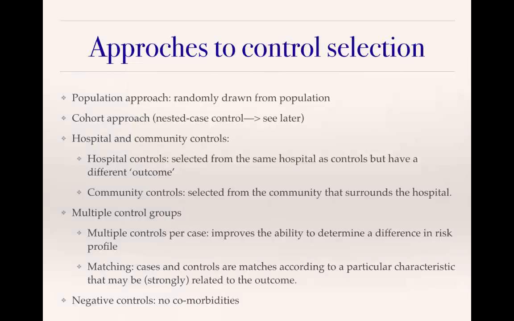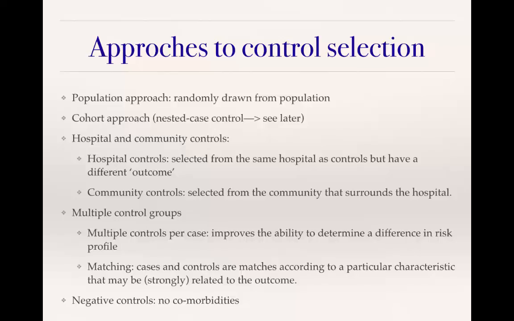Some of the approaches that we see to control selection are listed here. You can have a population approach, which sees both the cases and controls randomly drawn from this specific population of interest. There's the cohort approach, which is essentially a nested case control study, and we'll look at that at the end. You can have hospital and community controls.